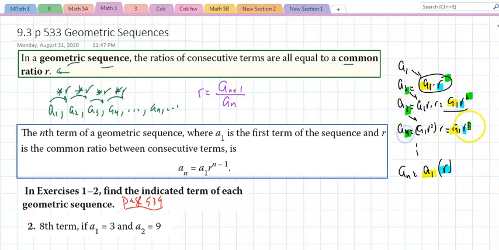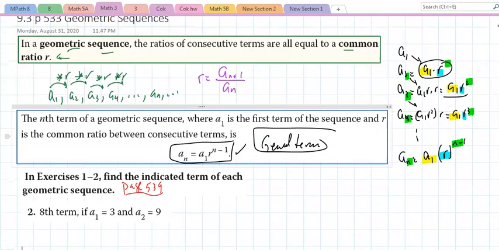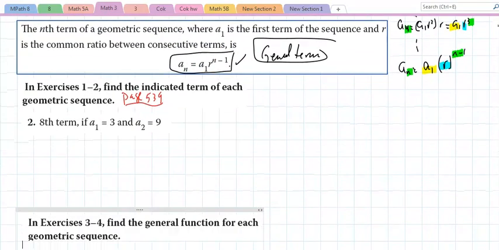If this is 4, this is 3. Whatever this is, that power is 1 less, and that's how they come up with this general term, which is a key for us to solve anything using geometric series, just like arithmetic. Now that you've seen arithmetic, this should be smoother, I hope.